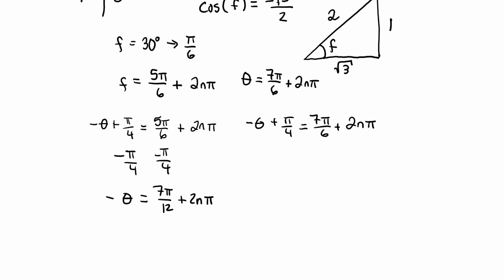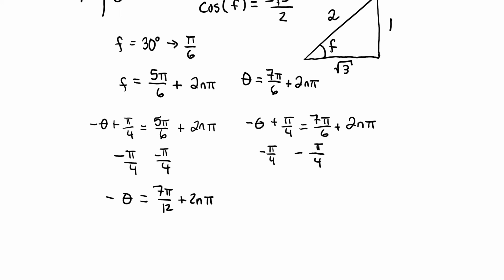Okay, we're going to do the same thing on the other side. We're going to subtract pi over 4 again from both sides, and again we have the same situation. 7 pi over 6 minus pi over 4. Now, again, instead of dealing with pi, we can just say 7/6 minus 1/4, which means we have to find again a common denominator, which is 12, and 7/6 translates to 14 over 12, and 1/4 again translates to 3 over 12.